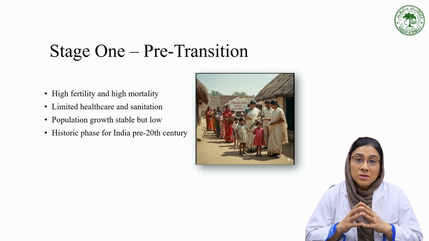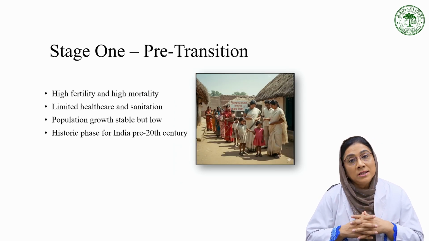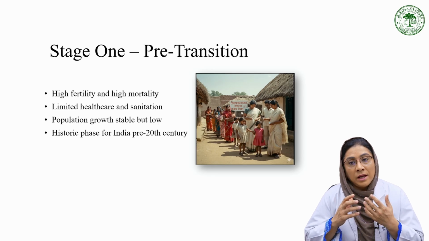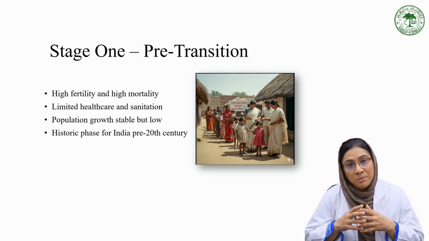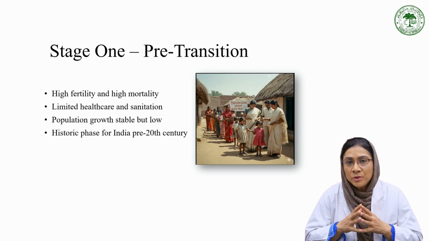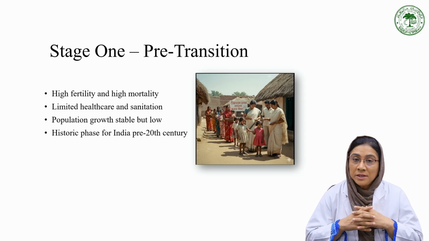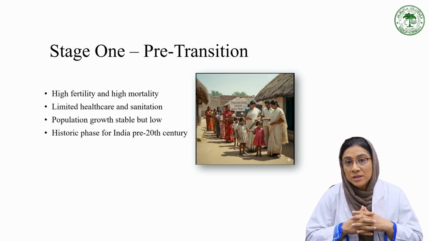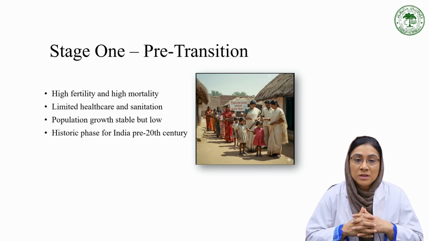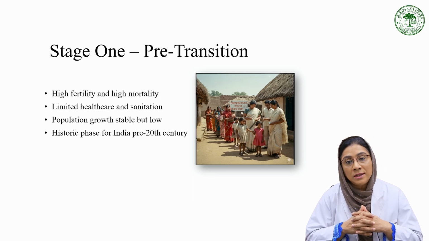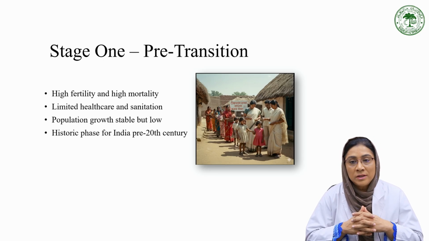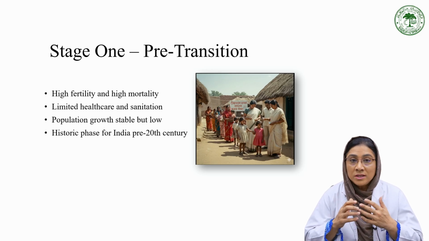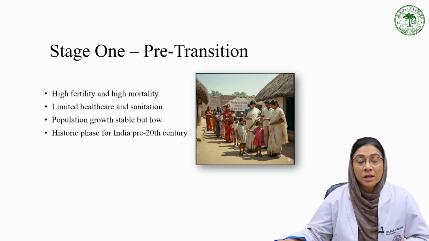Stage 1 is often described as the pre-transitional, agrarian phase in which epidemics, famines, and frequent shocks kept life expectancy very low. Fertility remains high because early marriage, limited contraception, and strong economic incentives for child labor and elderly support make large families a rational household strategy.